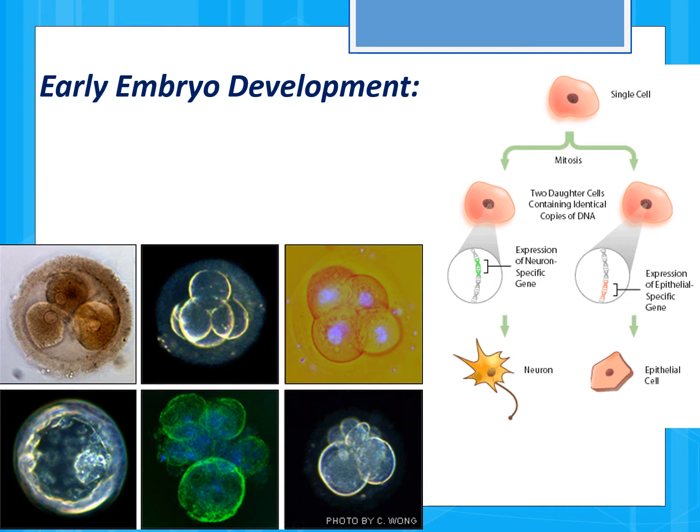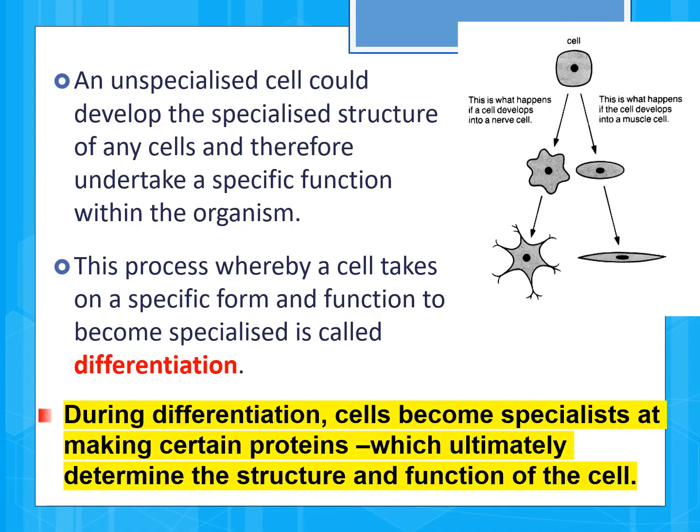We're transcribing and translating different genes, and therefore this daughter cell is becoming an epithelial cell. Again, just to reiterate, all of those cells have a copy of every single gene, so genetically, they are identical. What makes them different is the genes that are being expressed and the genes that aren't being expressed.